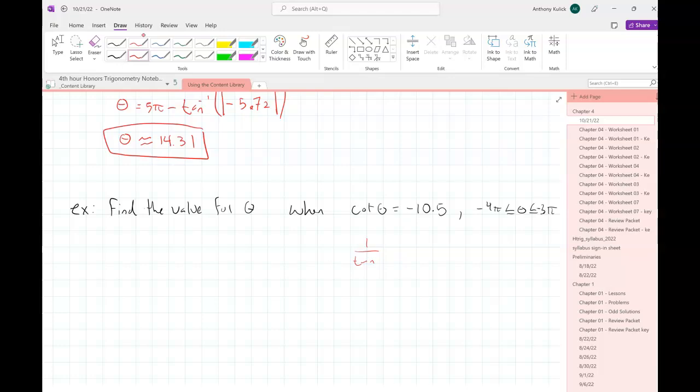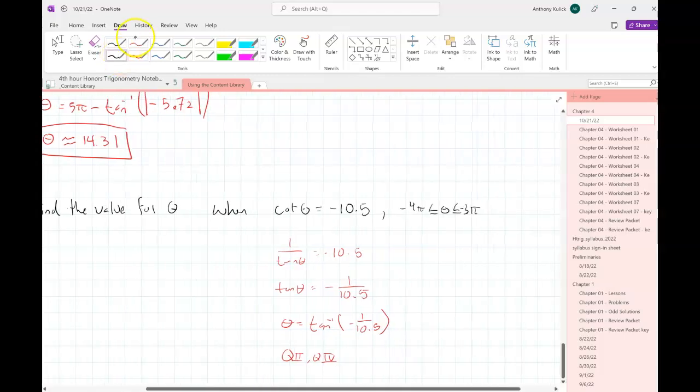So I remember that first thing I need to do is get this in terms of sine or cosine or tangent. So the problem that I'm going to be solving is tan inverse of negative 10.5. I remember tangent is negative in quadrants 2 and 4.